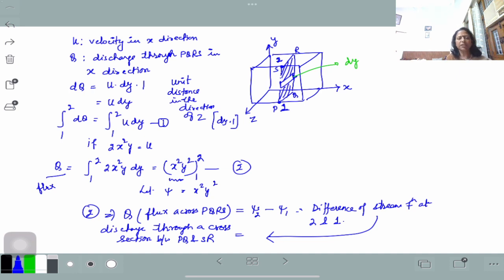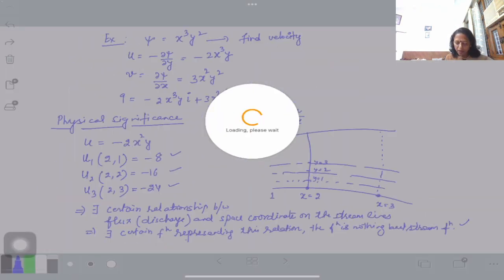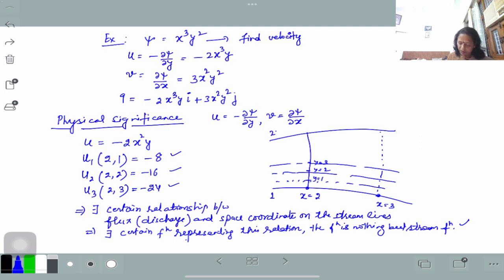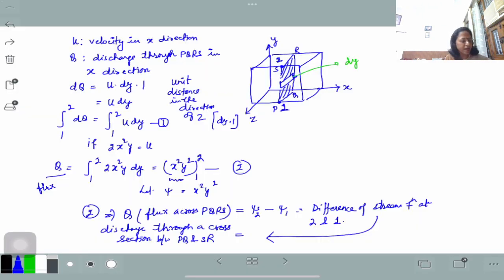So this is the physical significance, and this physical significance is shown with the help of a physical example. You can see here that in this case, when I take u equal to minus 2x square y, you get a stream function like x square y square.